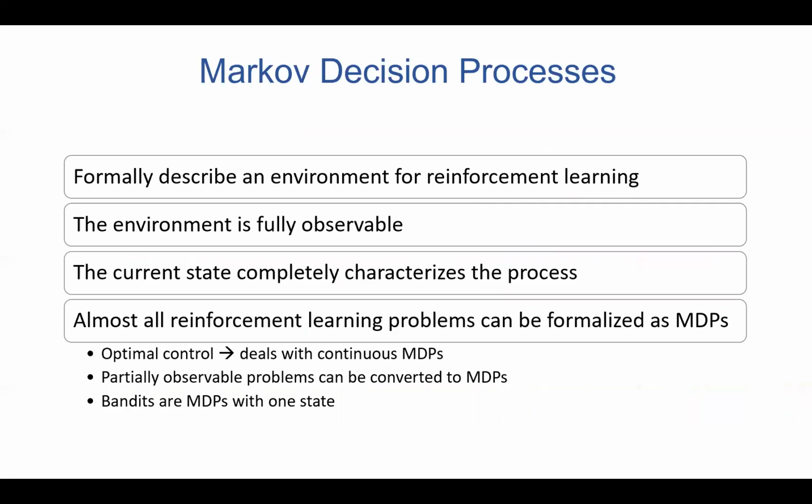So in stochastic, we have uncertainty involved. We're not sure that the actions we're going to take are going to take us to the intended state that we actually want to be in, because there is a chance node involved.